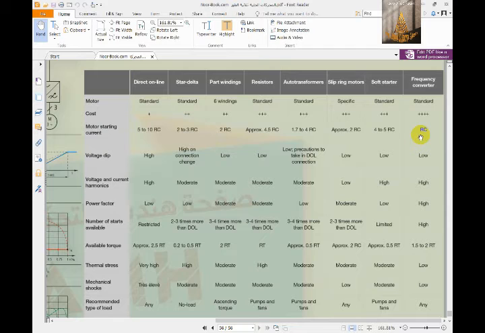So it's perfect. When you see this comparison, you know why the inverter has the highest cost. It's very expensive. Voltage dip is high for star delta on connection change. In the moment of changing the connection between star and delta, it goes very high.